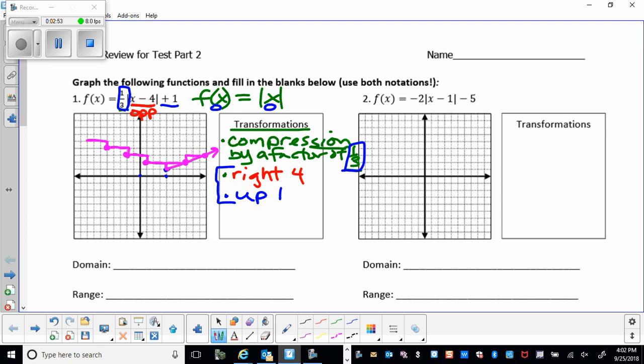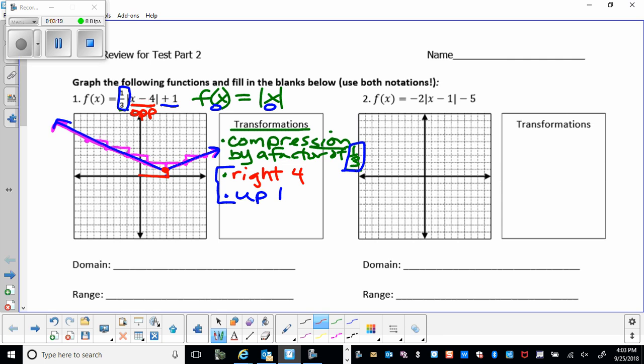All right, and these are points on the left-hand side of that absolute value equation. So the equation is going to be this right here. It has a slope of 1/3, and the vertex moved from the origin, it moved right 4 and up 1. That's my new vertex.